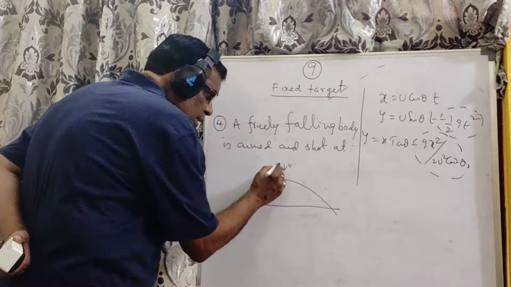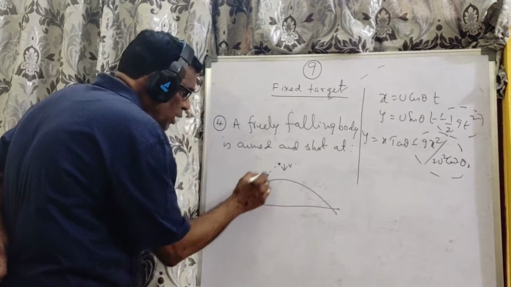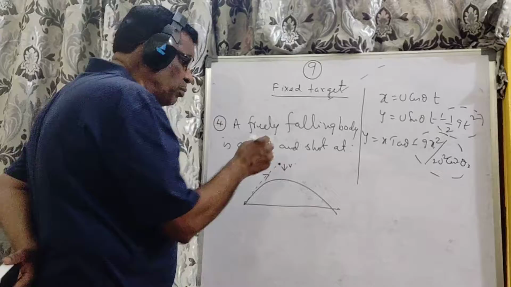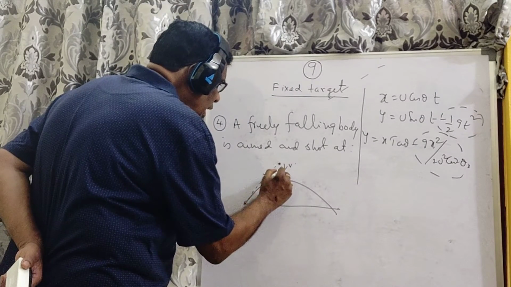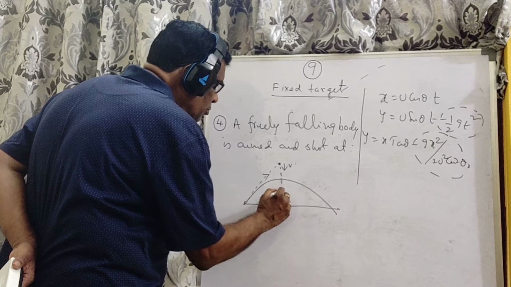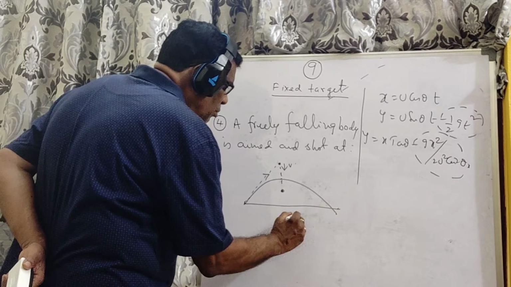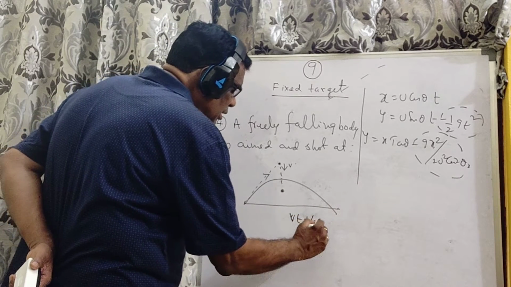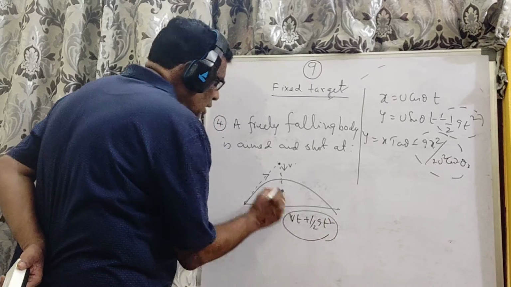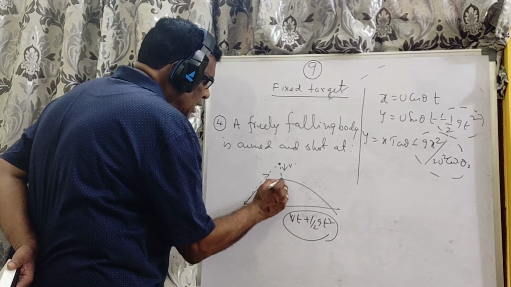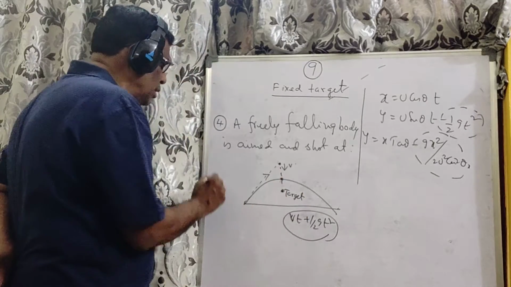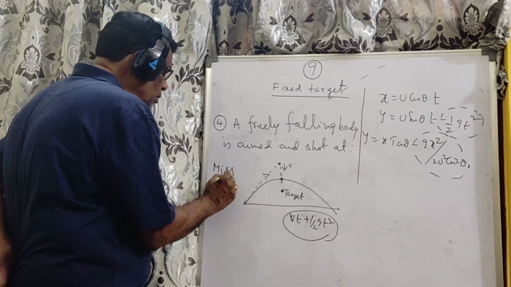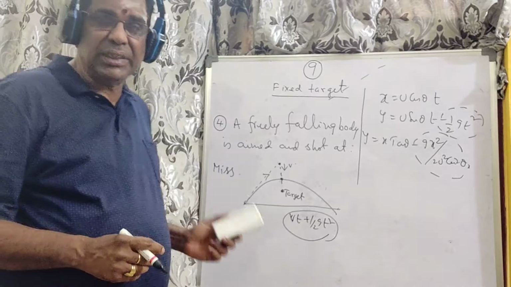But at the instant you start throwing, this body possesses certain downward velocity. Therefore, in the time it comes here, it will cover Vt plus half gt square. That means the projectile is here and the target will be below the projectile, so it will miss the target.